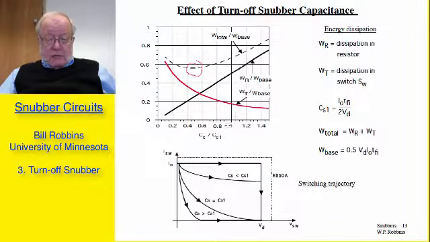But if we go to the full value, CS equal to CS1, the total energy dissipated is not much more than the minimum value. And so generally, for most purposes, we say that the turn-off snubber capacitance value is equal to CS1, and the value of the resistor can be basically V sub D over I naught.